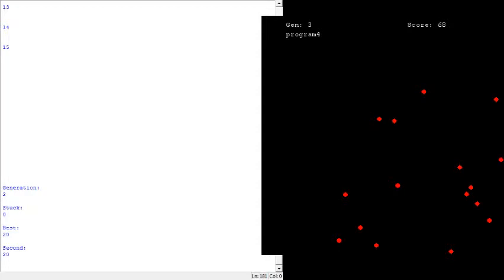Every time a dot runs into another one, it is considered a collision, although I don't have it so that they bounce off of each other. They just run through each other. It's a lot easier to process, and it still proves the point.